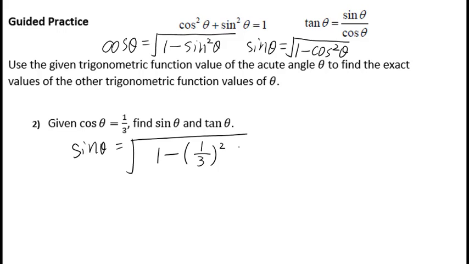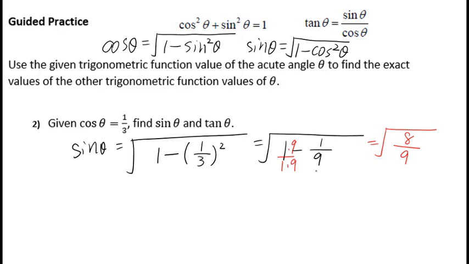So we get square root of 1 minus 1 over 9. For this 1, we can change it into 9 over 9. So 1 over 1 multiplied by 9 over 9 is 9 over 9. Therefore, you will get 9 minus 1, that is 8.